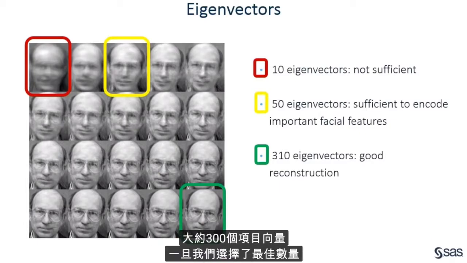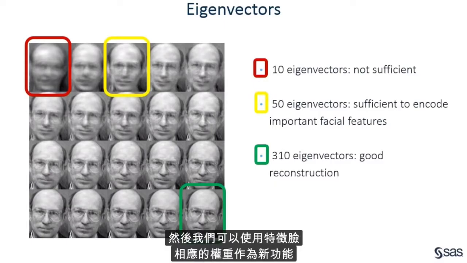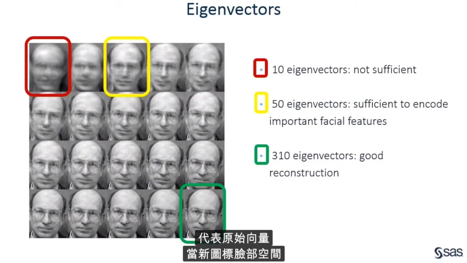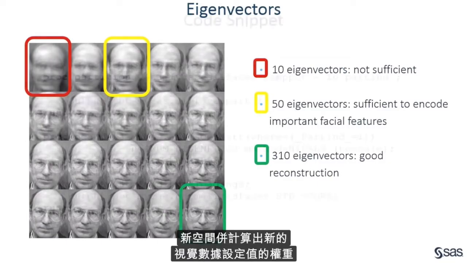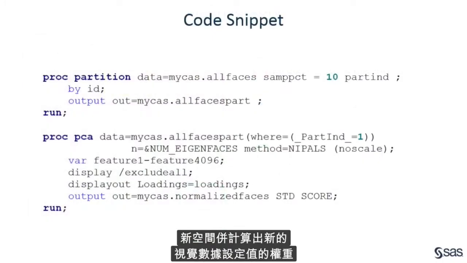Once we choose the best number of eigenfaces, we can then use their corresponding weights as a new feature vector which represents the original image in the new eigenface space. When an unlabeled face is provided for recognition, we can project it onto the new space and calculate a new set of weights.